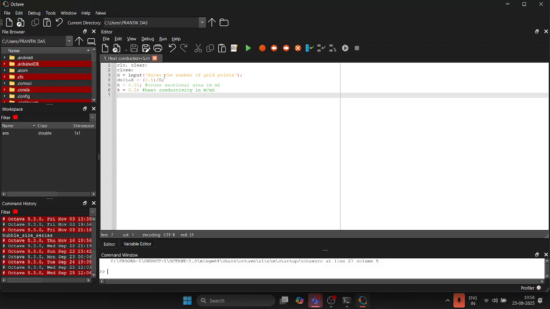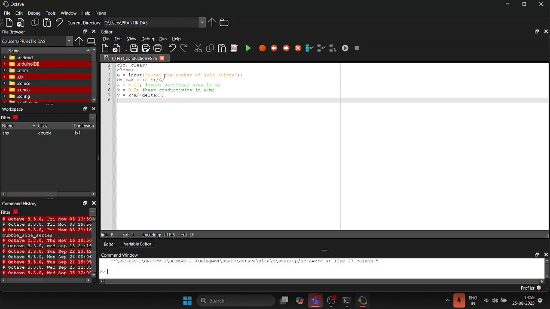And then there is another thing, V, because since we encounter K by delta x again and again in our matrix, I'm going to define a variable V so that it is easy for me to write the whole thing. Otherwise, I have to write K by delta x again and again. Is it clear up till now?